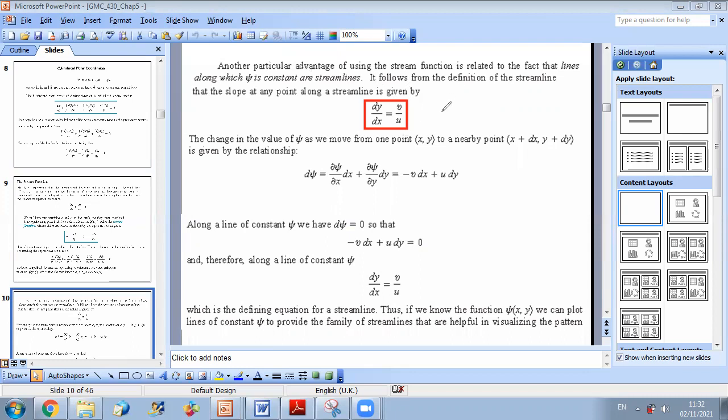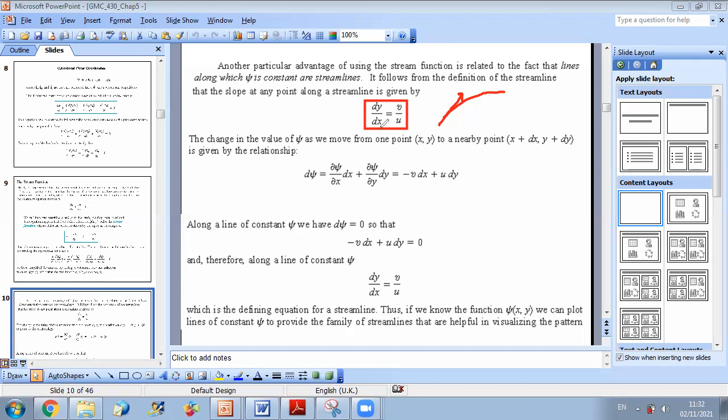So because we said that streamline is defined in a way that at any point the velocity vector of the flow field is tangent to the streamline. And from here comes the definition that dy by dx, which is the slope of the streamline, is equal to the slope of the velocity vector, which is v over u. Okay?